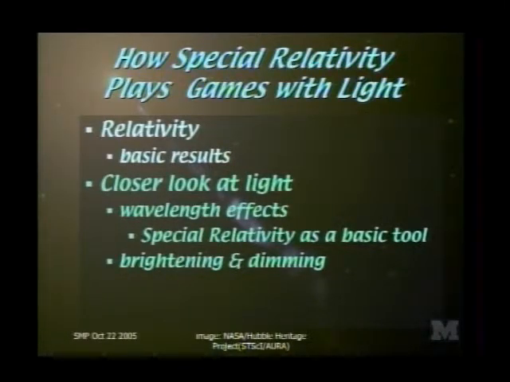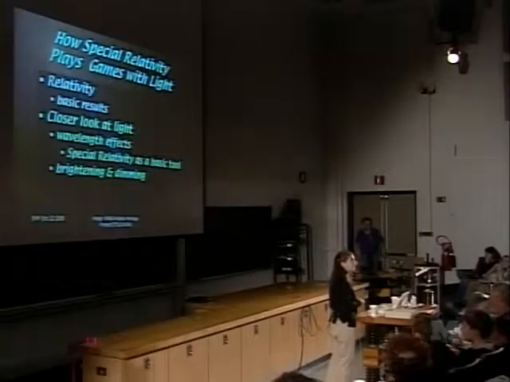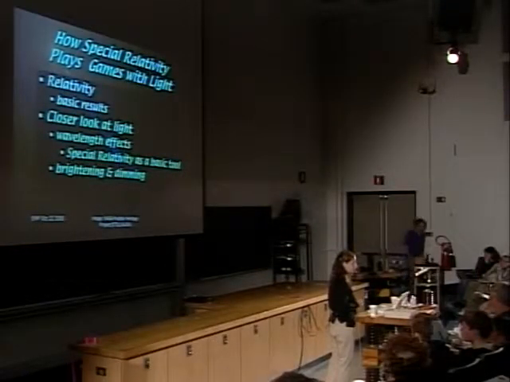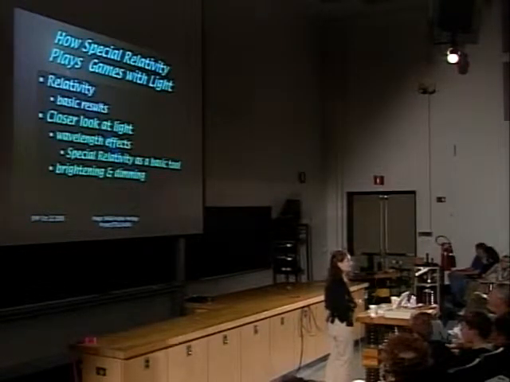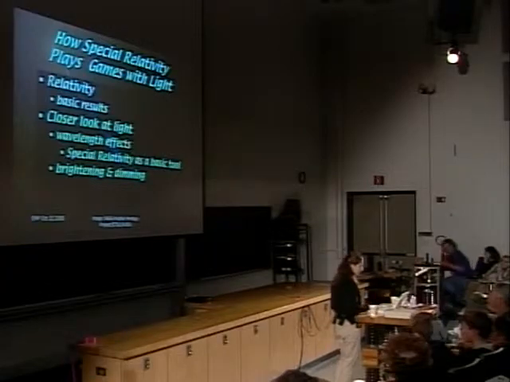Light has a property called wavelength, related to the number of times you see a cycle of it per second, and that is strongly affected by special relativity. The way that it's affected allows us to use special relativity effects as a basic tool in astronomy. I'll also discuss how special relativistic effects brighten or dim sources in the skies. And at the end, how special relativity is crucial to interpret relativistic flows, such as very fast jets.